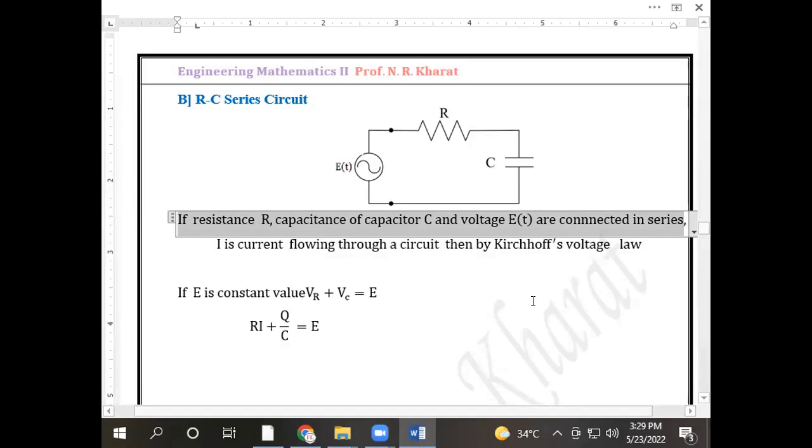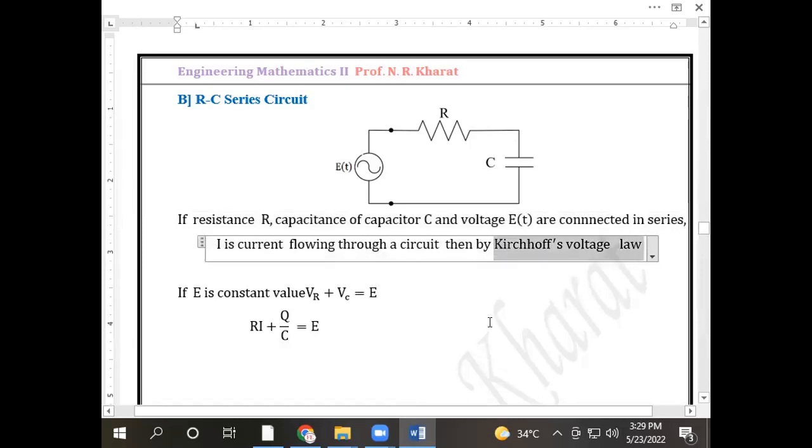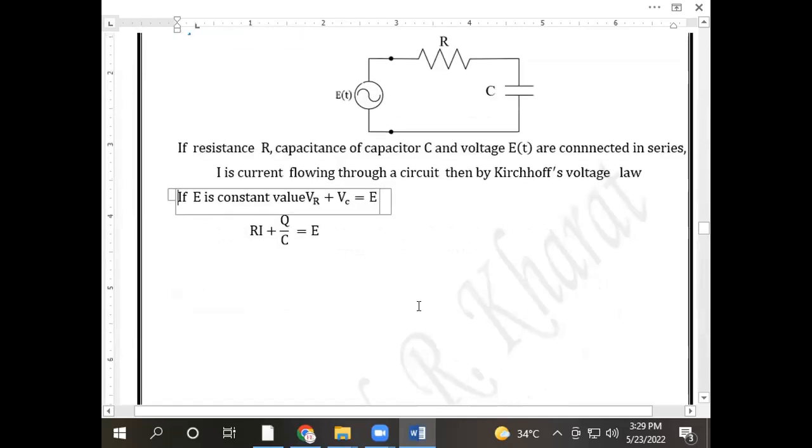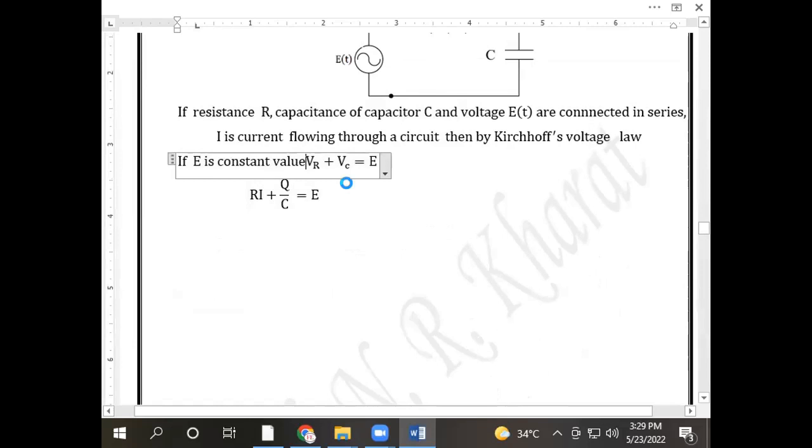And these three components are connected in series, and I is the current which is flowing through the given circuit. By Kirchhoff's voltage law, the sum of the voltages across the circuit is equal to the applied voltage. So with the help of this we can find the voltage across the capacitor.